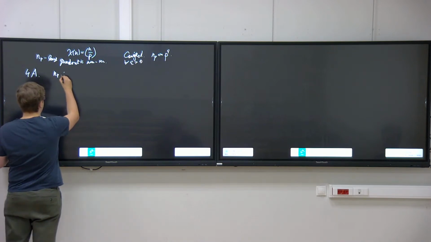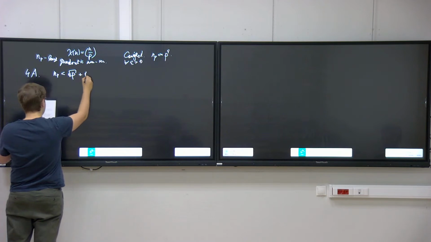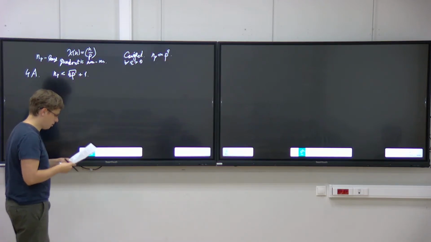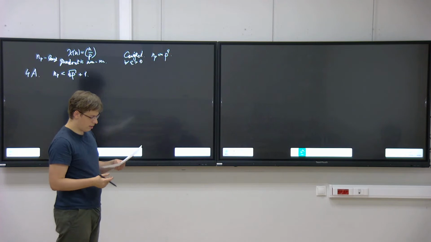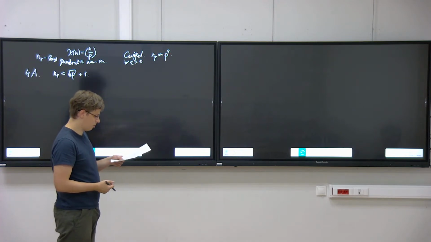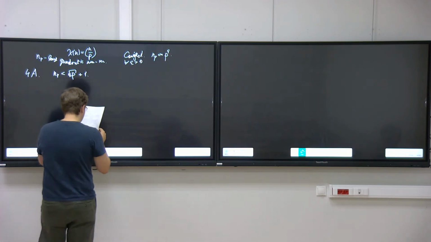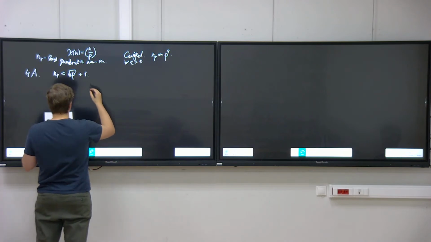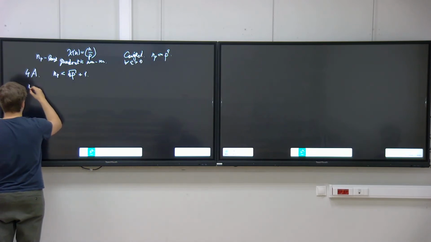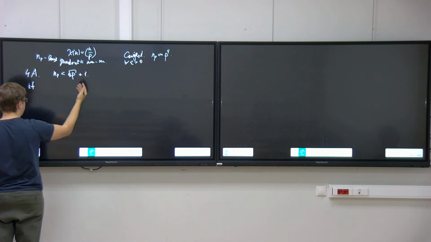First, prove that it is less than square root of p plus 1. And here it's like a school Olympiad problem. Again, we want a contradiction.